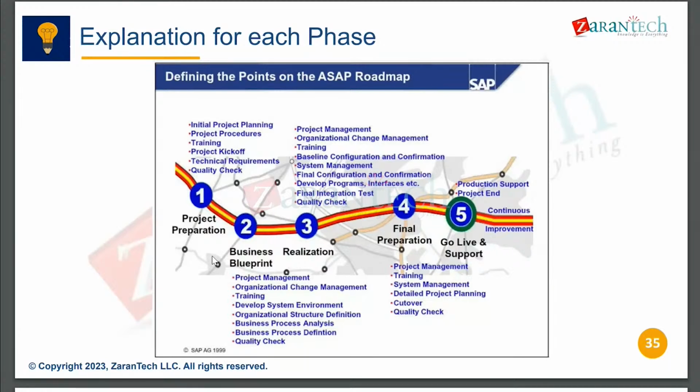Technical requirements means what hardware and what software are required to support this process, and what quality-relevant checks are required. If it's a validation system, we need to complete the quality- and validation-relevant activities also for that particular organization to proceed with the project kickoff.